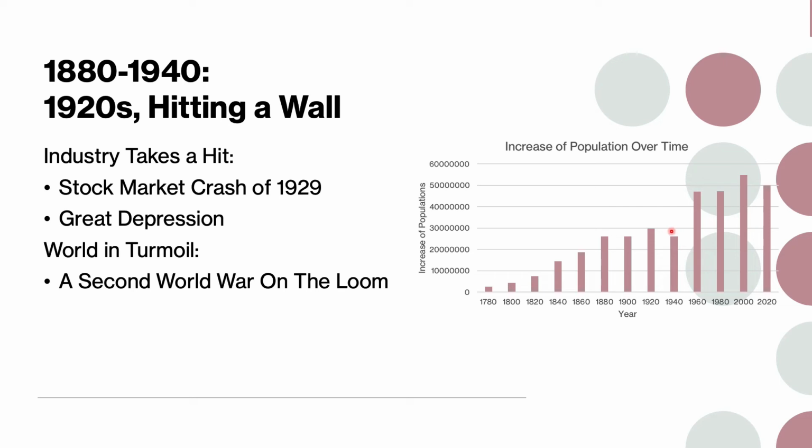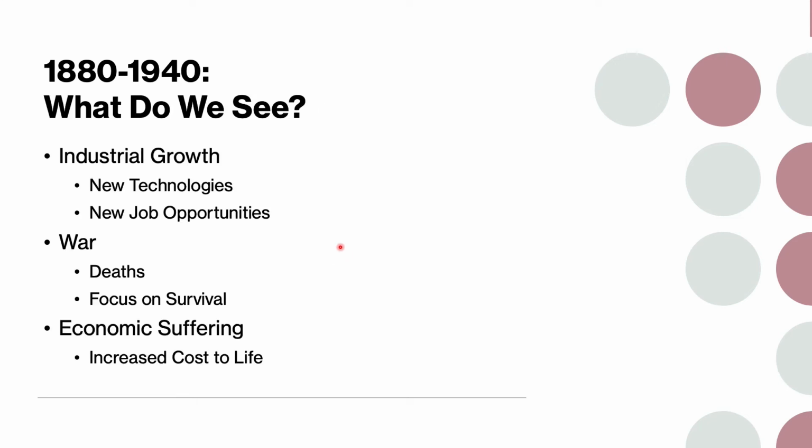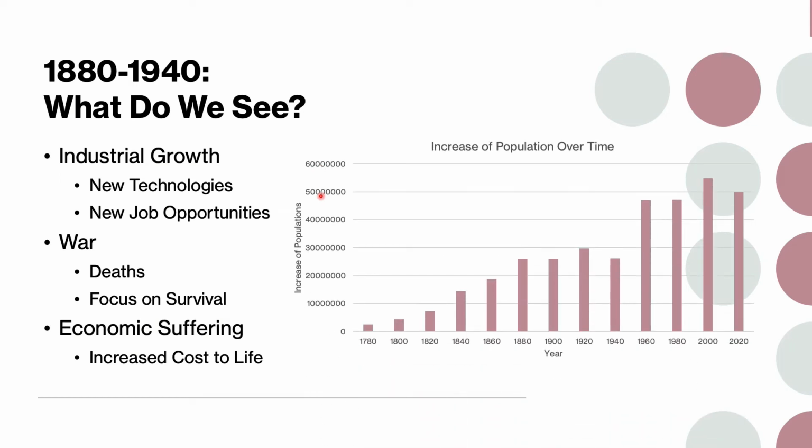There's economic pressure and political pressure all around. The 1940s are characterized by World War II, according to America's Best History No Date, and as we come out of the war, we emerge as a superpower. And the Great Depression actually ends due to the outcome of the war and actions during the war. So what do we see?